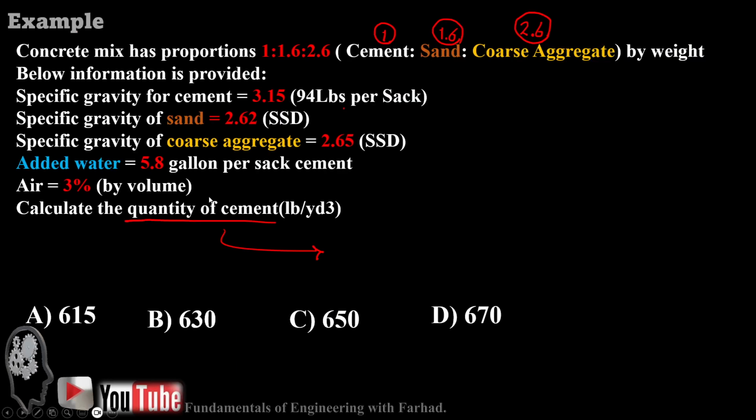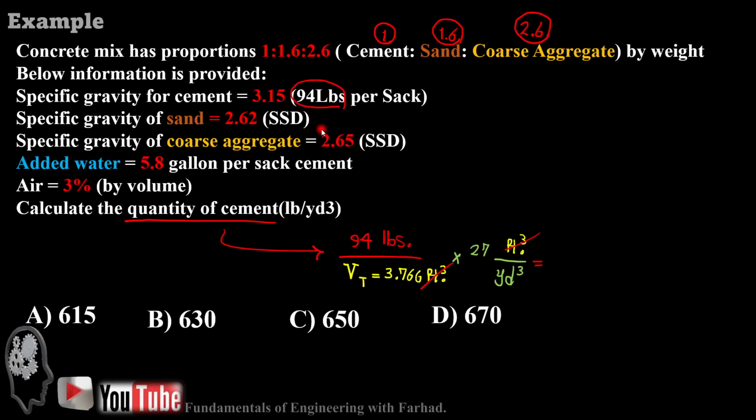Now we have our total volume, and the quantity of cement turns out to be 94 pounds per the total volume including air, and then you convert it to yards, and it equals 674 pounds per cubic yard. And the closest answer in our multiple choice question is choice D.